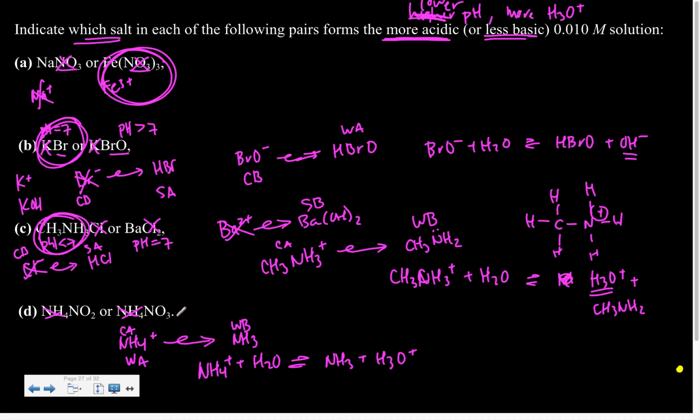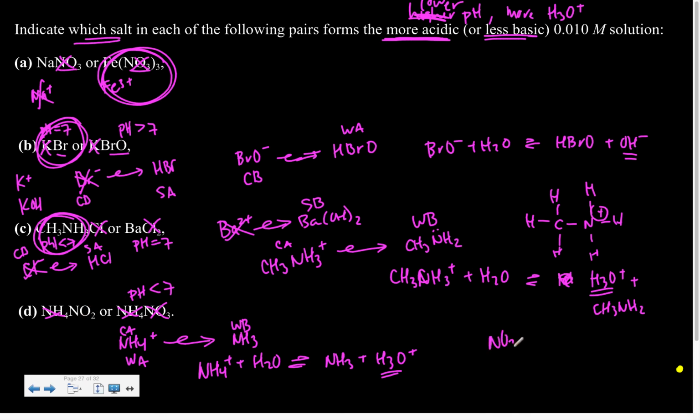All right, so that means we're talking about these. So nitrate, going back up here, nitrate is the anion from a strong acid, negligible in terms of effect, which means that this one is going to be acidic due to the NH4+, which means this has a pH of less than 7. All right. Here we have the nitrite ion.